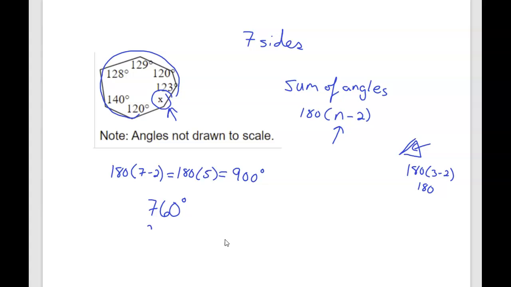I subtract that from 900, and therefore x is going to give me 140 degrees. Again, the angles all have to add up to 180 times the number of sides minus 2. Okay?